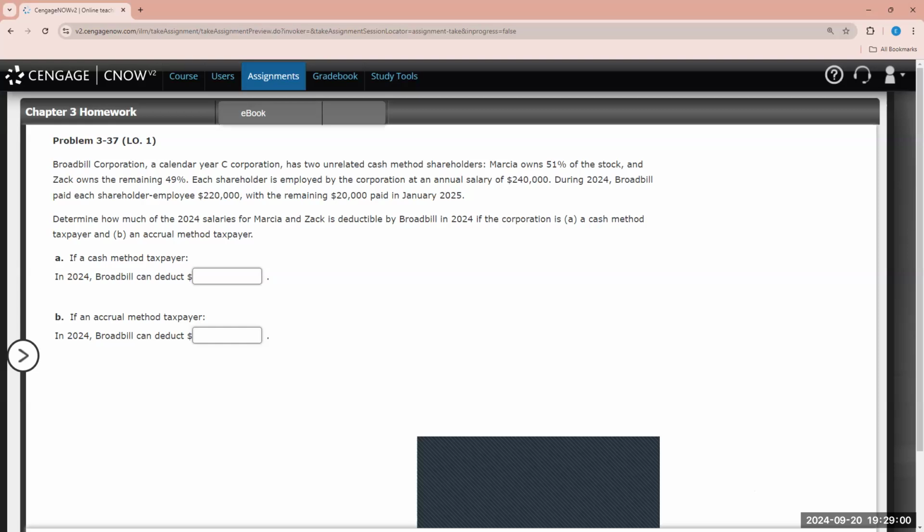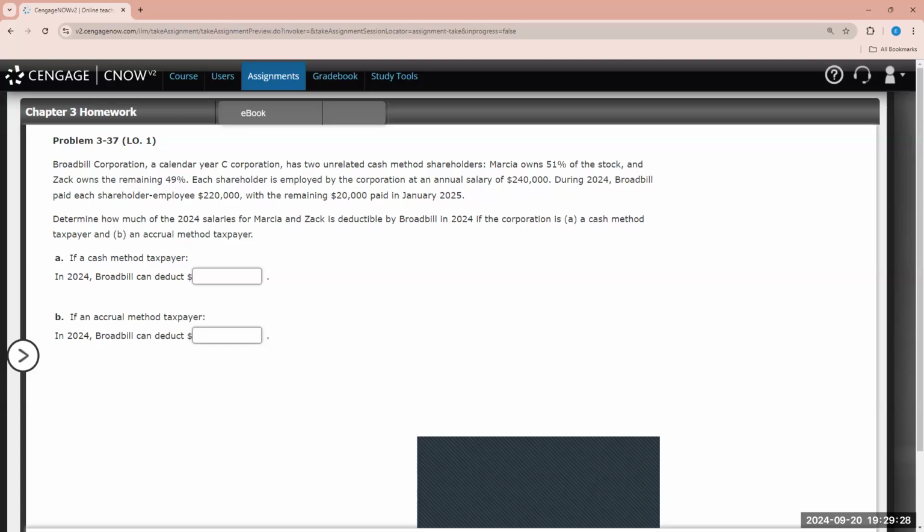All right, so this brings us to our next question. And here it asks, determine how much of the 2024 salaries for Marcia and Zach is deductible by Broadbill in 2024 if the corporation is A, a cash method taxpayer, and B, an accrual method taxpayer. So it says Broadbill Corporation, a calendar year C corporation, has two unrelated cash method shareholders.